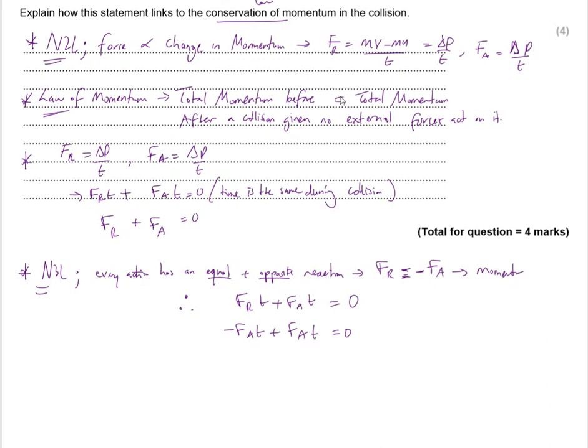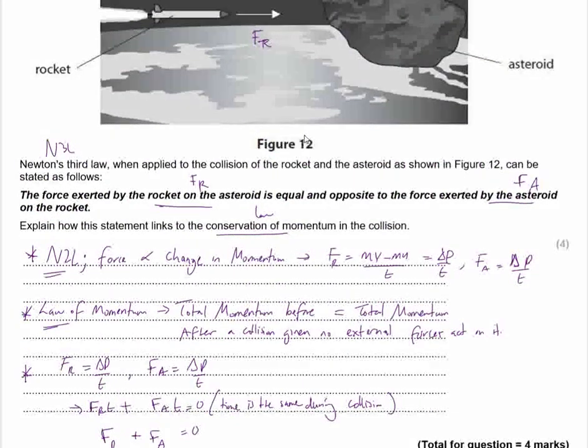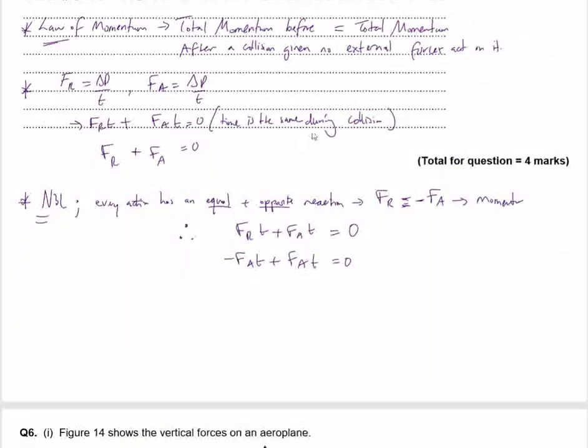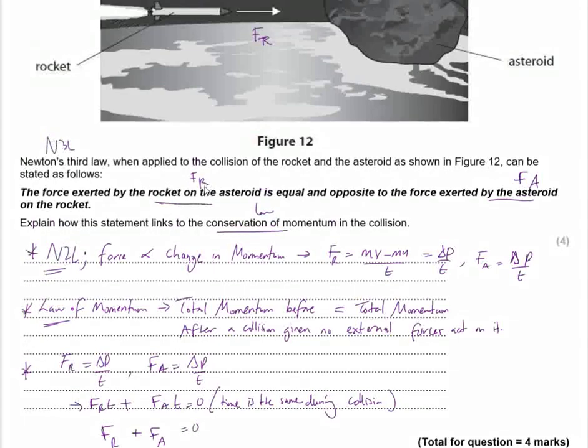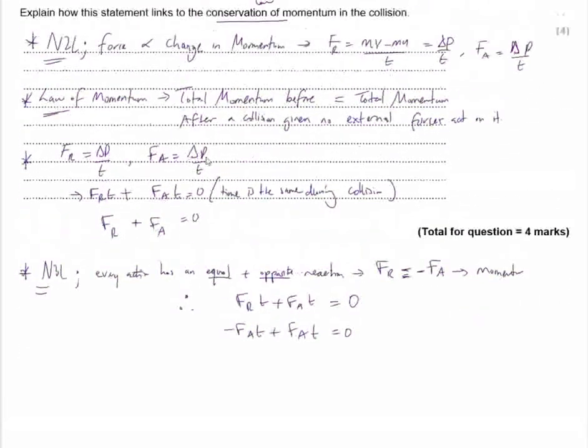All right. So in this case, we try to work out the total momentum before, and this should equal the total momentum after as well. If the total momentum before is 0, so if it is 0 at the start, then we should have this here plus this here. So this is change in momentum.